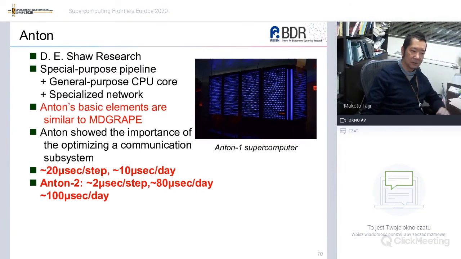Anton's basic elements are very similar to MDGRAPE, but the integration is very important. They show the importance of optimizing the communication subsystem and also the job control subsystem. Anton 1 achieved 20 microseconds per step, corresponding to 10 microseconds per day, and Anton 2 achieved 2 microseconds per step and 80 microseconds per day.